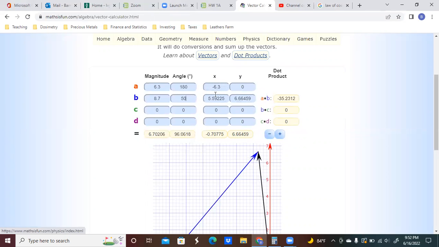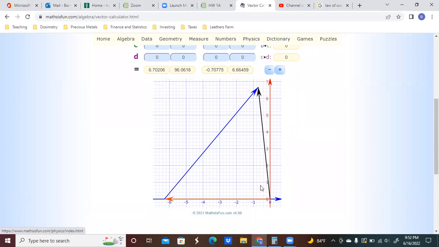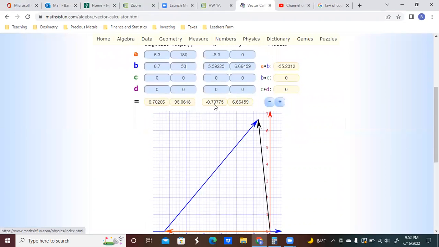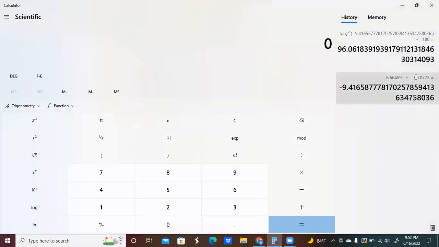How are these x and y components determined? Well, to determine the sum of the component vectors, if you add those up, you find the x value here and the y value here. Now, we know that the tangent of this particular angle is going to be the y value divided by the x value. When you do that, what you're going to come up with is 6.66 divided by minus 0.70775.